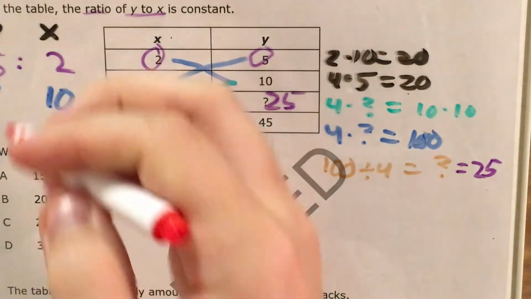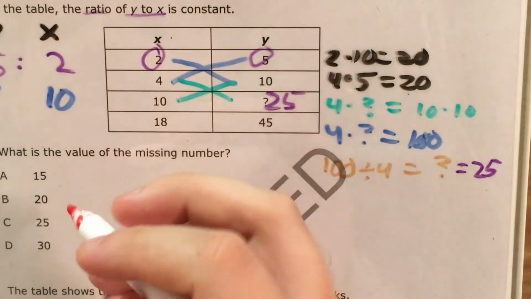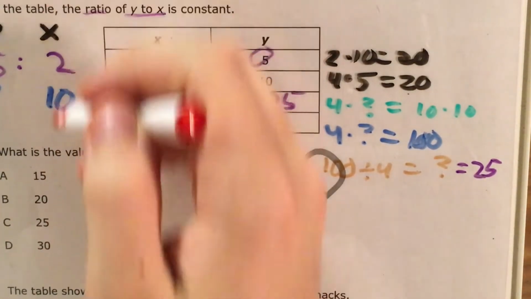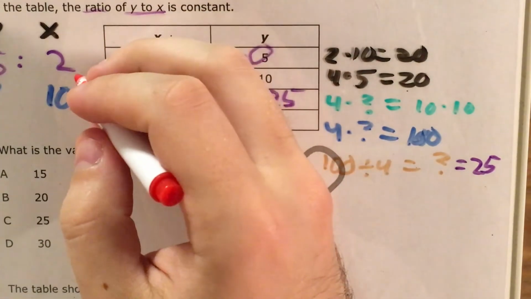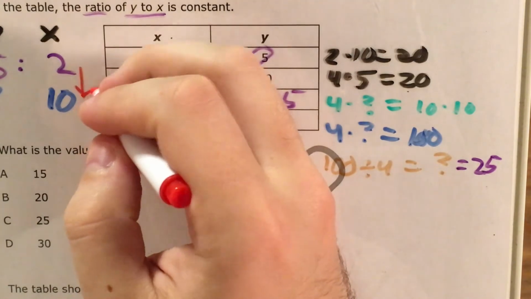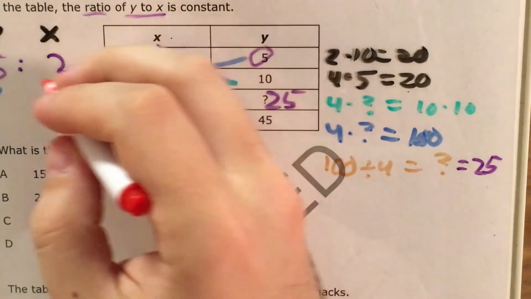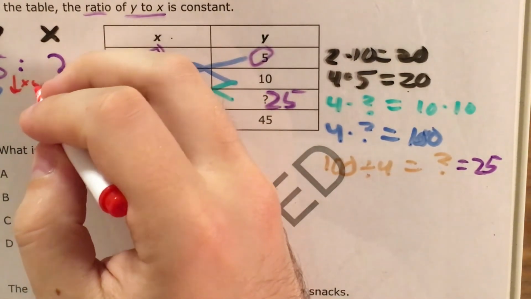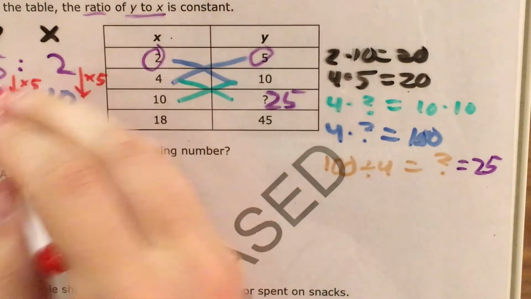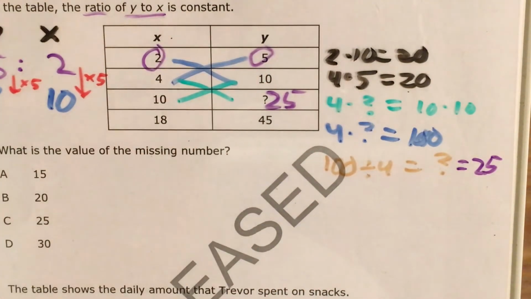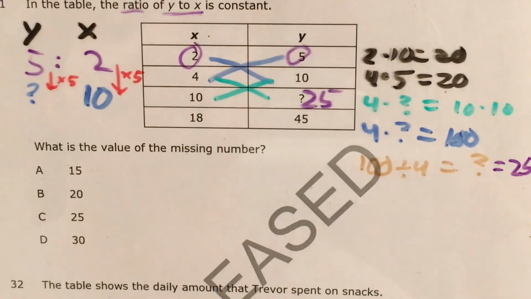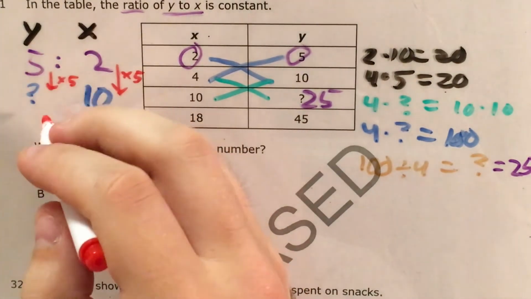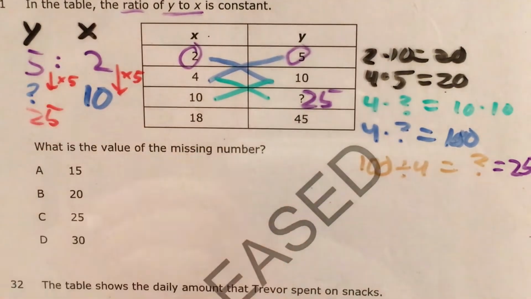And I'm going to look for a pattern where I can multiply or divide going up to down or right to left. And I think the easiest one here is going to be that I see 2 and 10, and I think, okay, I'm just multiplying by 5. So 2 times 5 gives me 10. 5 times 5 gives me, and again, whether I use times tables or whatever, 5 times 5 will give me 25.